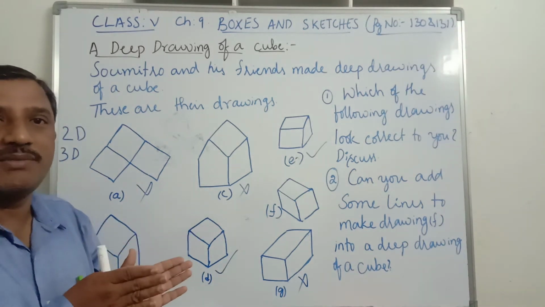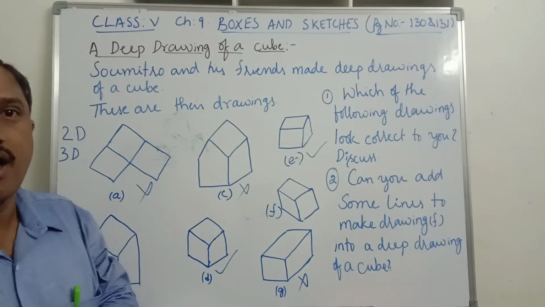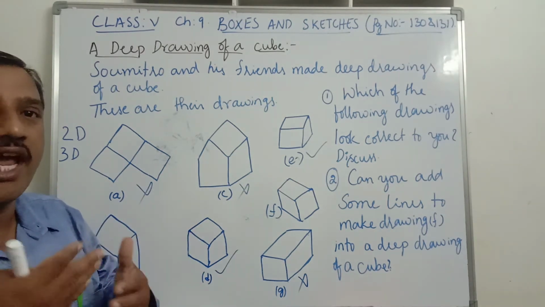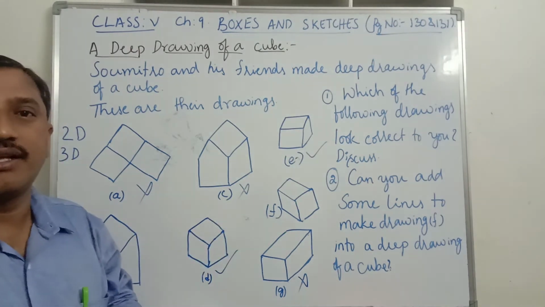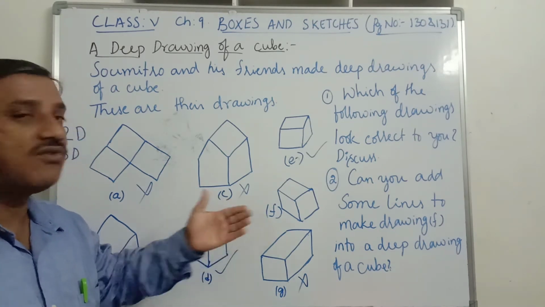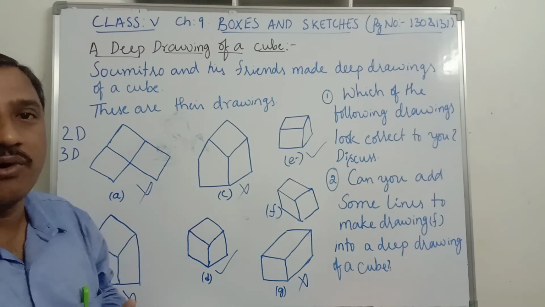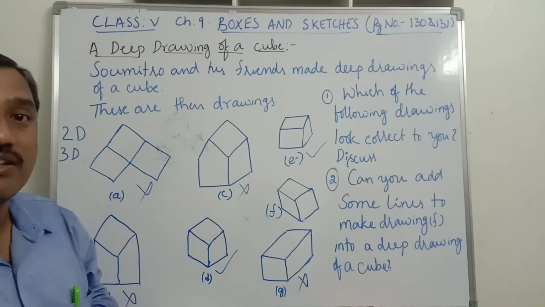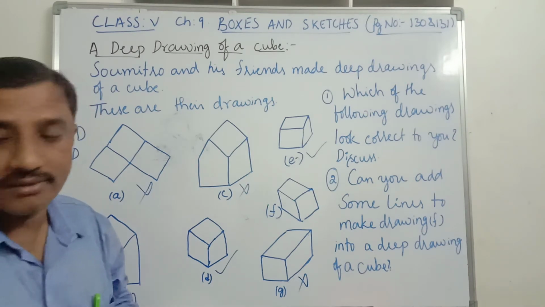What is the difference between a two-dimensional figure and a three-dimensional figure, how to identify a cube from the given figures, and when one plane figure, one square is given, how to make it a cube by drawing some additional lines. Is it clear, children? Yes.